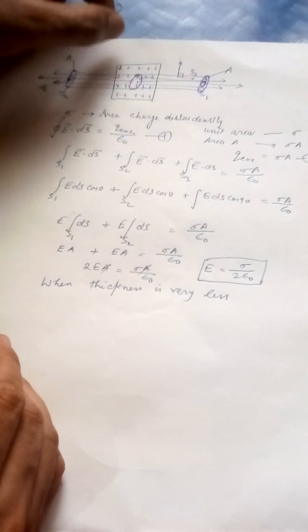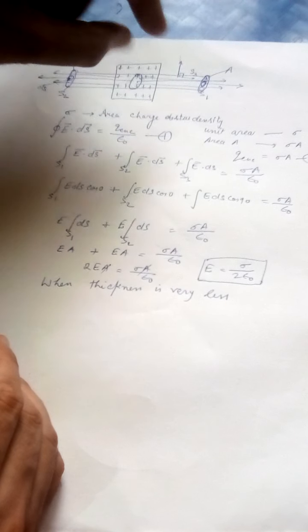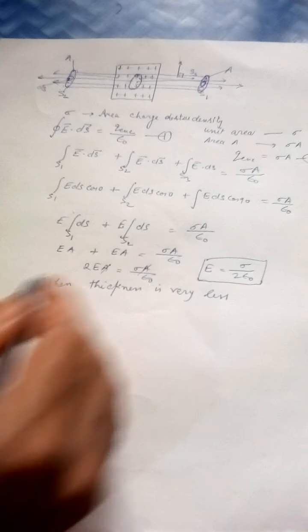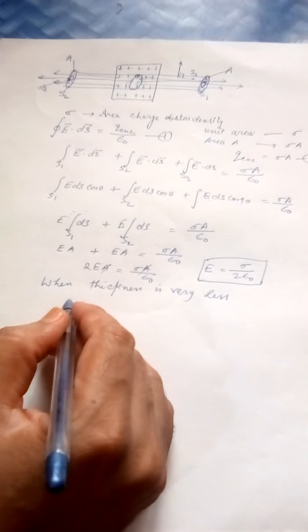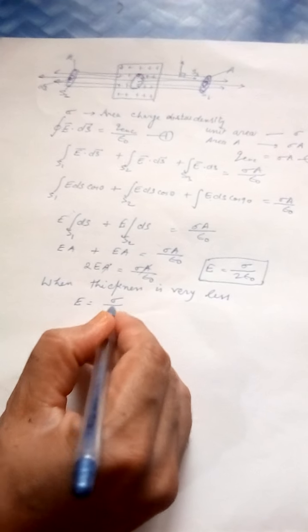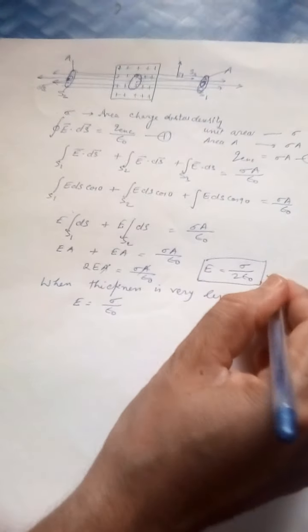But if the thickness of the sheet is very small, the charge will be inside the surface, and that charge will produce the electric field in both directions, and in that case you have to take only one area. So in that case, what will be the formula? E is equal to sigma by epsilon naught. Generally, though, we discuss the previous case in problems.